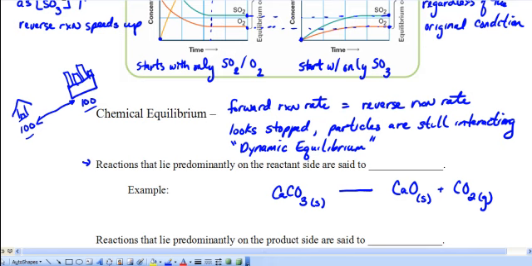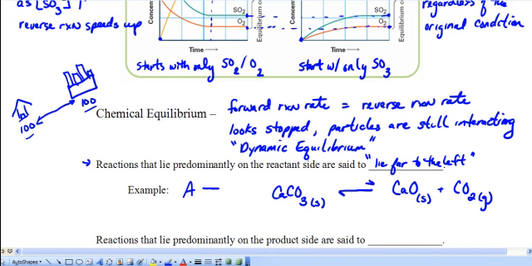But this only happens to a very, very small extent. So if I was going to draw in some arrows, I would say that most of the arrow is pointing back to the reactant side, and only just a little bit of it will go to the product side. And so this reaction is said to lie far to the left. Most of the reaction is on the reactant side.